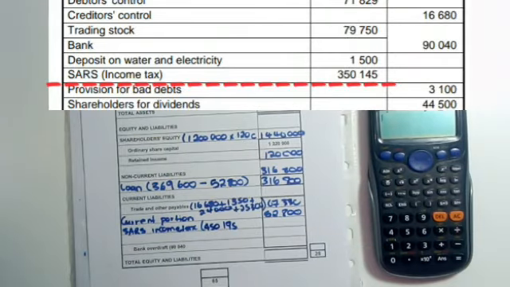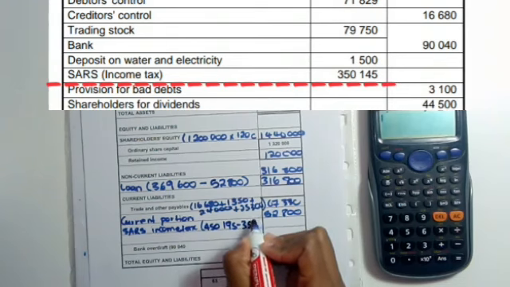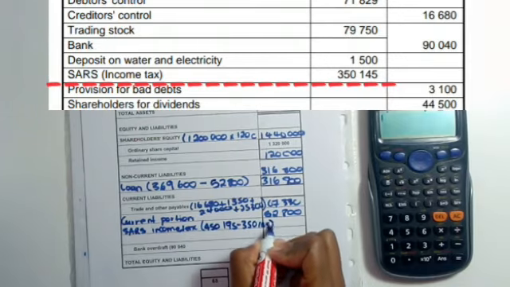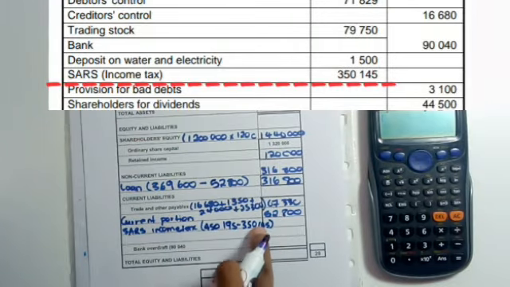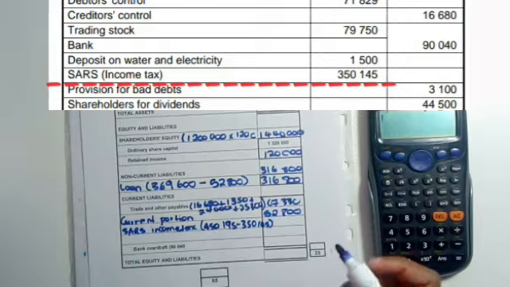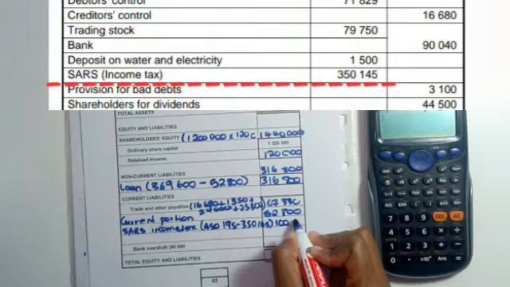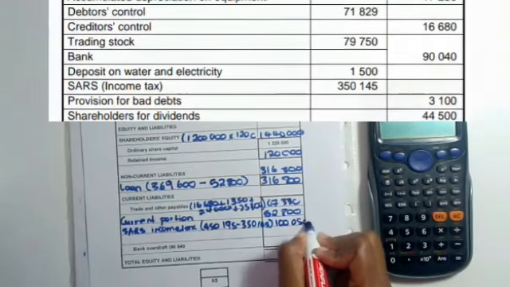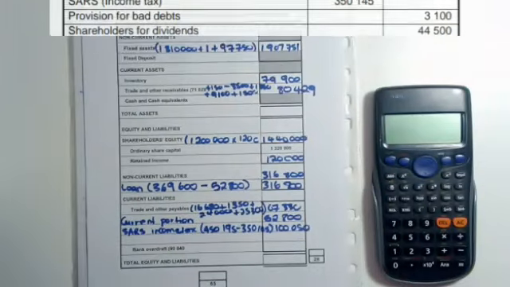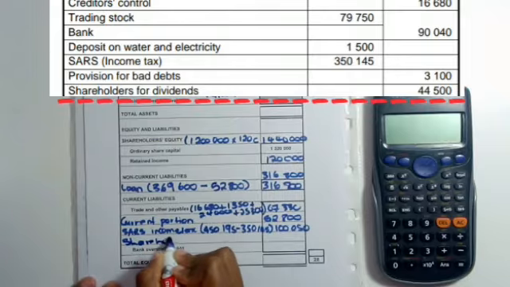And then when we go to information A, you will see that for SARS income tax, what you paid as provisional tax is 350,145. So it means that this amount is short. So whatever is short to make it 450, that's what you have as your SARS income tax that goes in your statement of financial position. And when you put it in your calculator, it will give you 100,050.